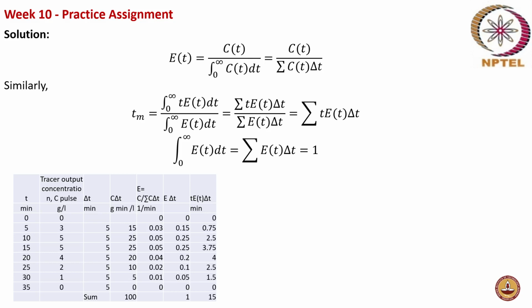So C delta t for the first one is 15, then 5 into 5, 25. For the third case it is 5 into 5, again 25. For the fourth it is 4 into 5, 20. For the fifth it is 2 into 5, 10. The next one is 1 into 5, 5. And the last one is 0 into 5, 0. The summation of all these is 100.